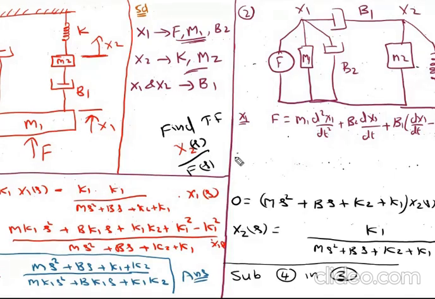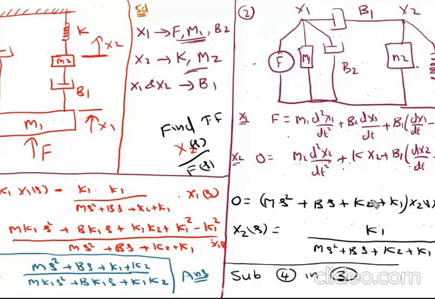Now at node x2, as there is no force, 0 is equal to m2 d square x2 by dt square plus one more element, that is k into x2, plus b1 into, this time, dx2 by dt minus dx1 by dt.